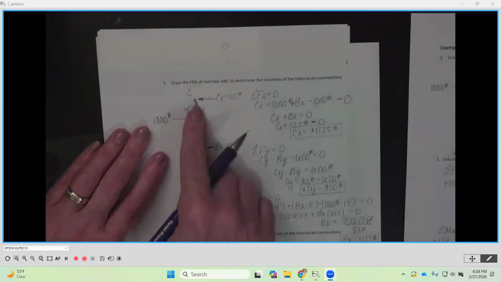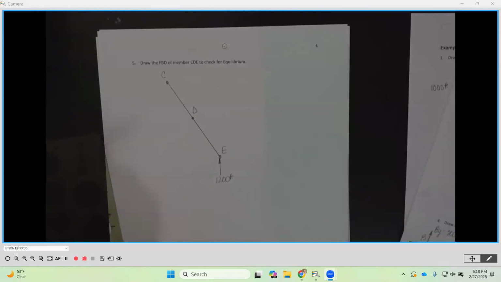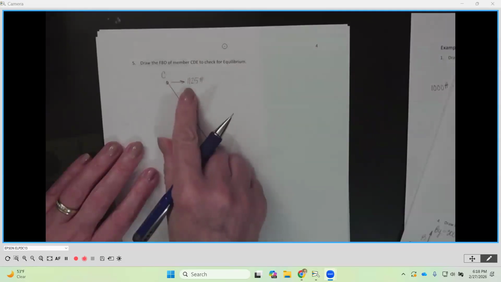And then now I want to add the forces of these internal pins. I have to go back to the previous members to find out their values. So I'm going to start up here at C. On member ABC, CX was going to the left. So that means that CX is going to go to the right this time, and it is going to be 1,125 pounds. Same magnitude, just opposite direction.